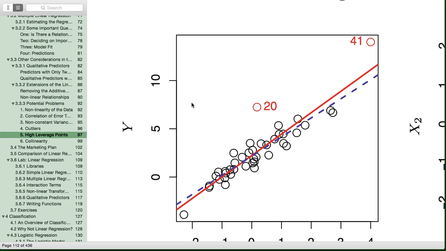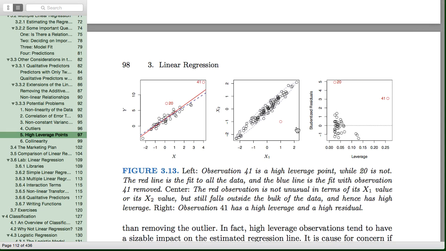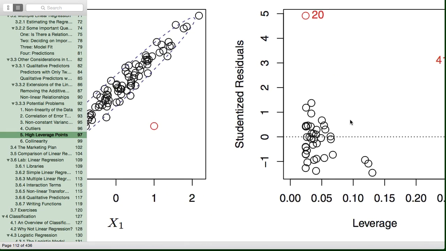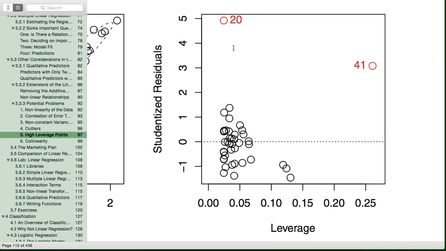So I think the cautious thing to do would be to remove point 41 in this case. And if we do a residual plot here, it looks really outrageous compared to the others. It's so far away from anything else.